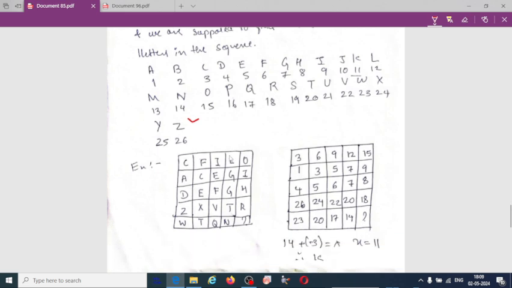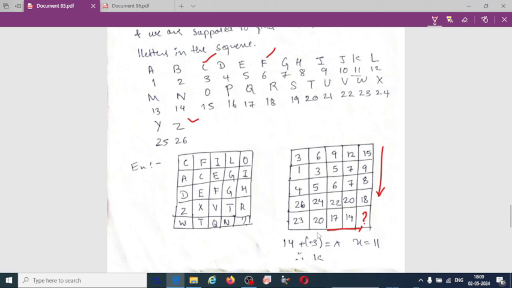Here, if you see in this box, alphabets have been given in 5 rows and 5 columns. If we give the number, C stands for 3, F stands for 6. Like that they have written the numbers, but here you need to find this number or the alphabet. If you find the number, you can guess the alphabet. So in this row and in this column, you need to find the number.